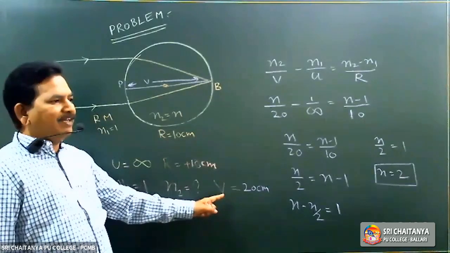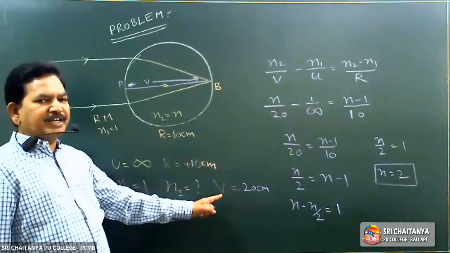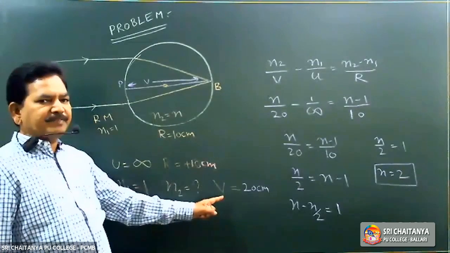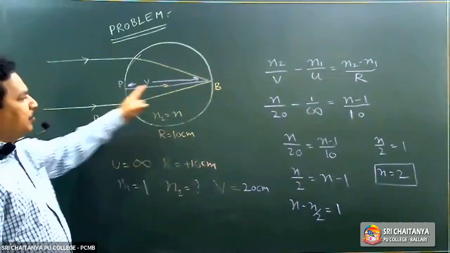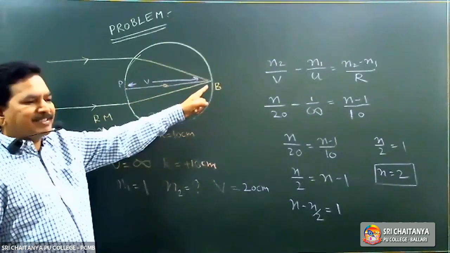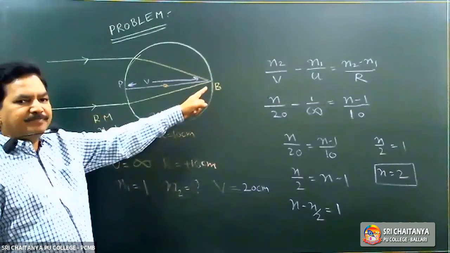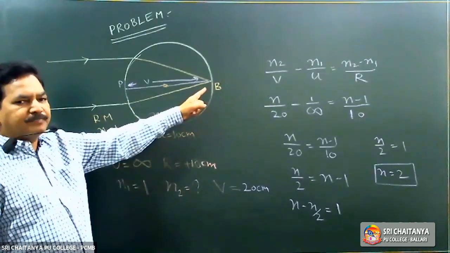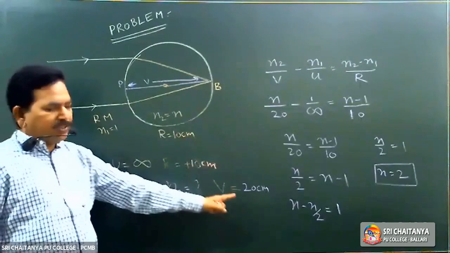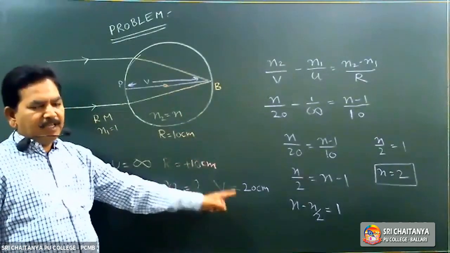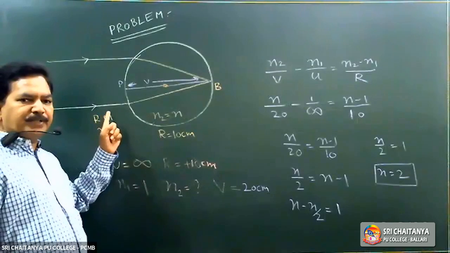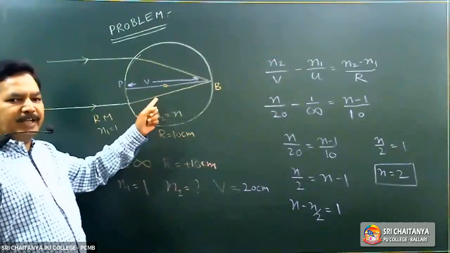Sir, how is the V value 20? The refraction is taking place at the first surface. From the pole to the point B, the distance is nothing but V. It is equal to 2R, 2 into 10, that is equal to 20 centimeters. Now the light ray is traveling from where to where? Rarer medium to denser medium.